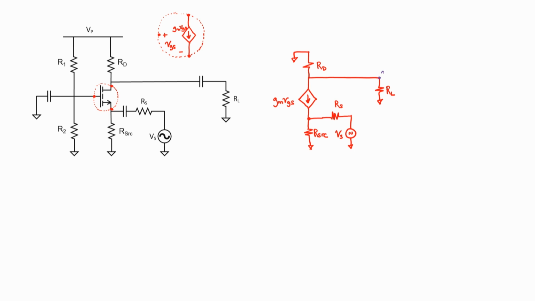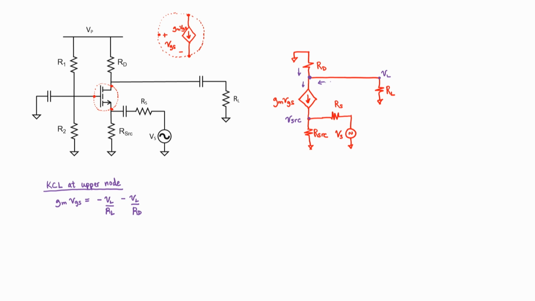Let's label our load voltage, V sub L, and our source voltage, V source. The first thing I want to do is apply the Kirchhoff current law at this node. We have two currents coming into the node and one current leaving the node. The current leaving the node is given by our current source, gm times VGS, and the currents coming into the node are going to be VL over RL from our load resistor and something similar for our drain resistor.